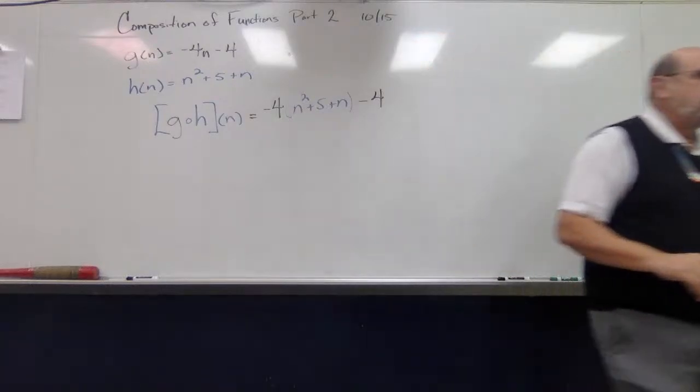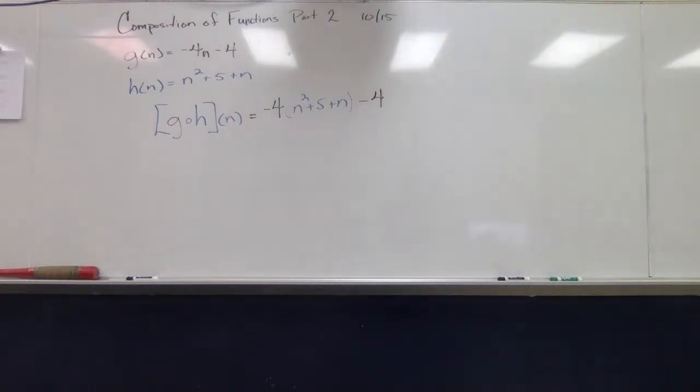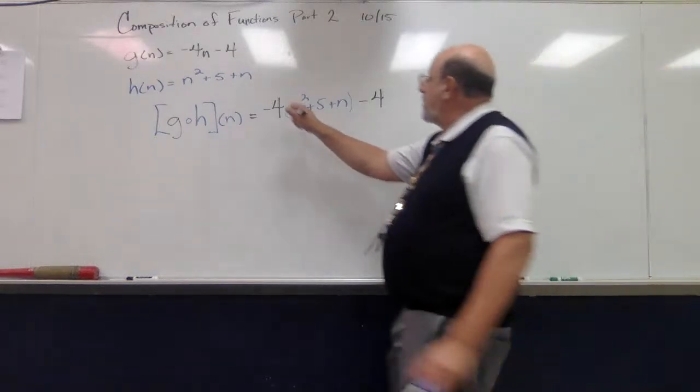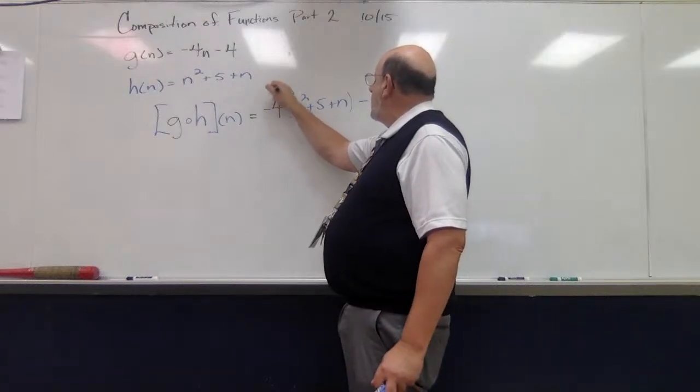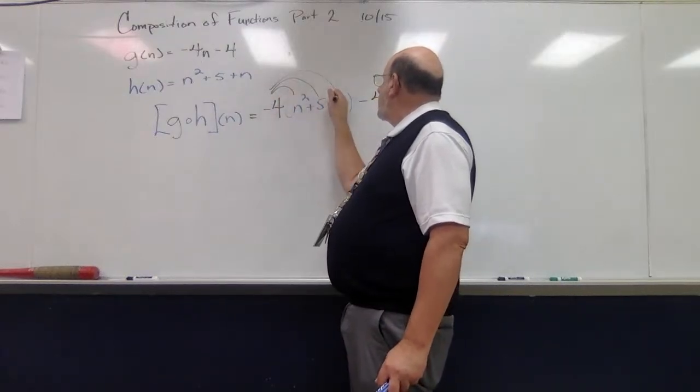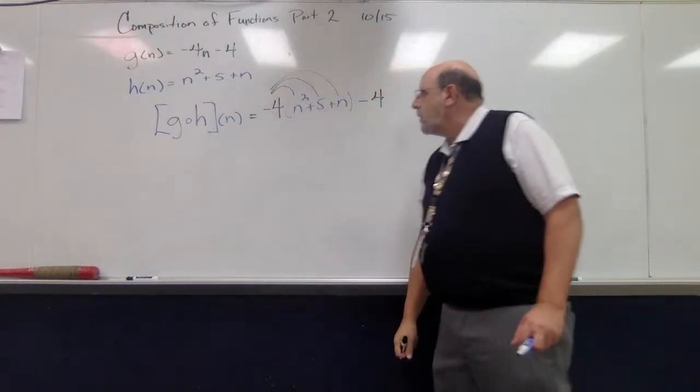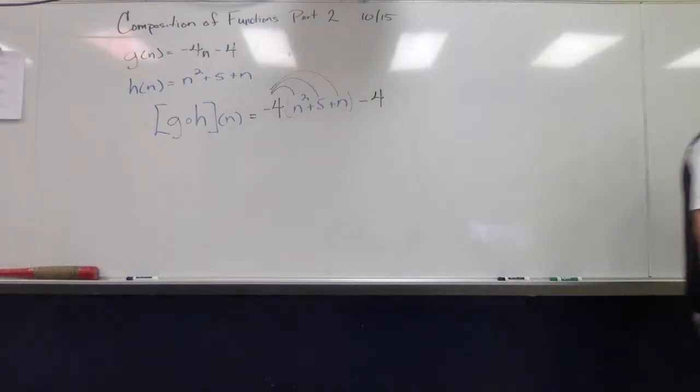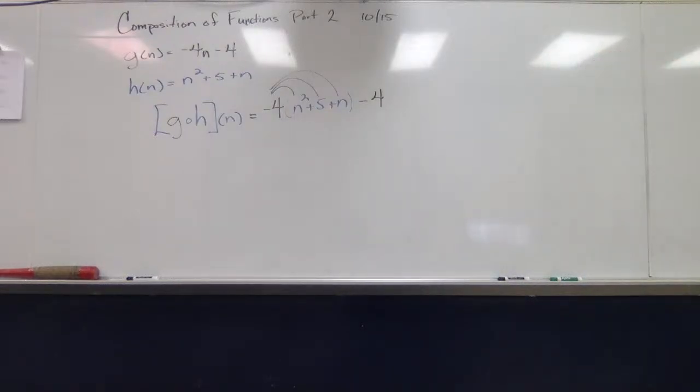Cool? Can you do that one? Just distribute and simplify, please. For those of you who need a little bit more: distribute, distribute, distribute. Multiply everything by -4, then we'll combine our like terms.